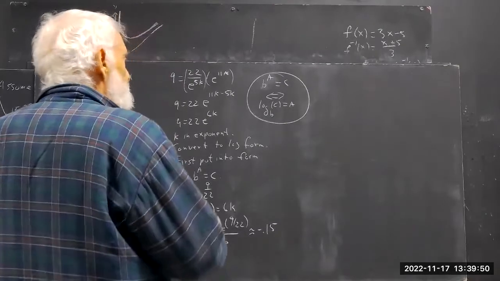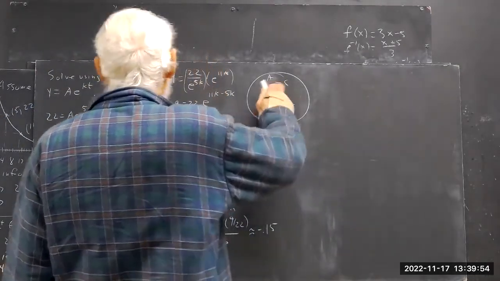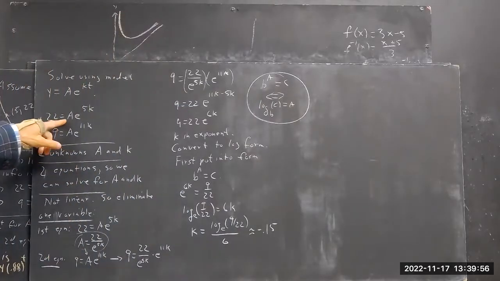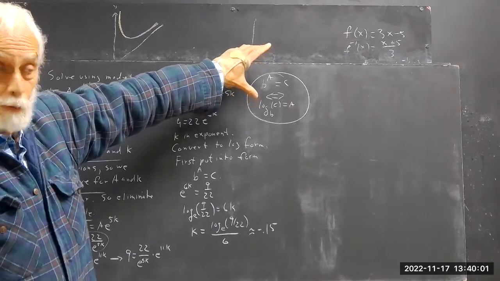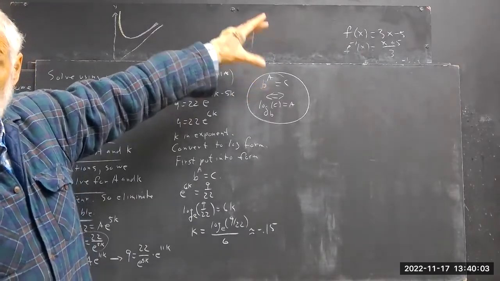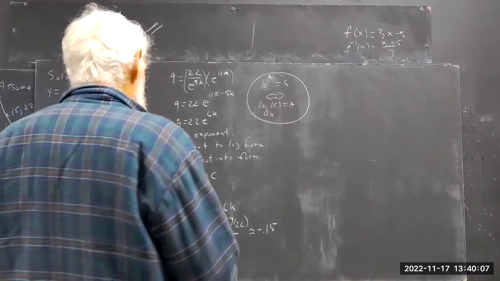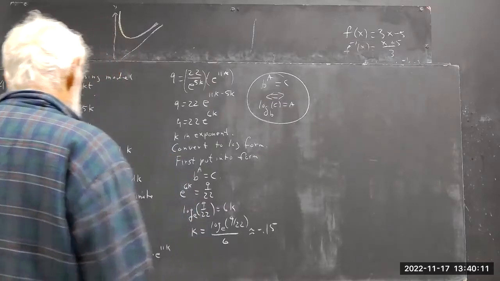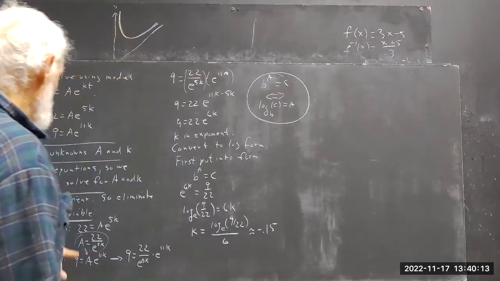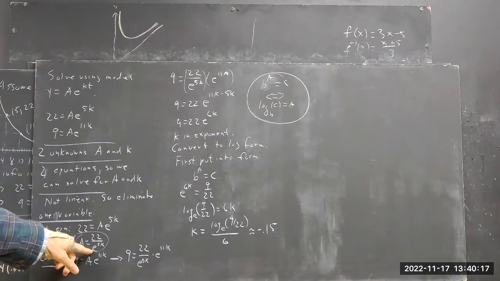Now, I use an A up here, but the A up here is not the A in this equation. We understand that's just the form that I usually write the equivalence between log and exponential form. Okay, so go back to here. A is 22 over e to the 5k.